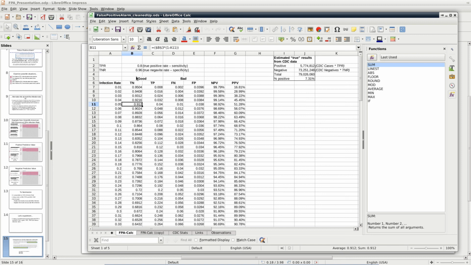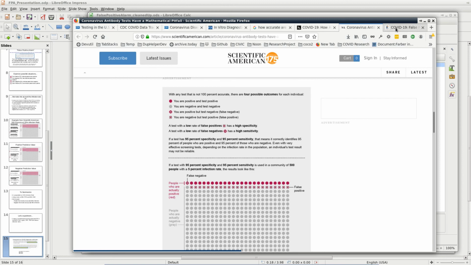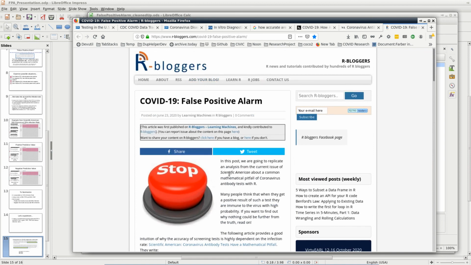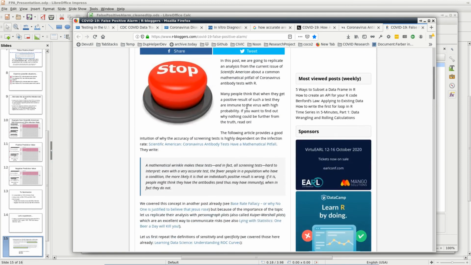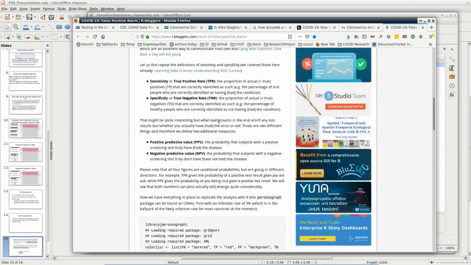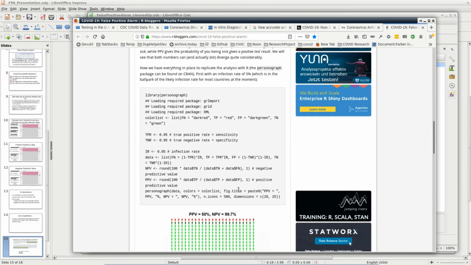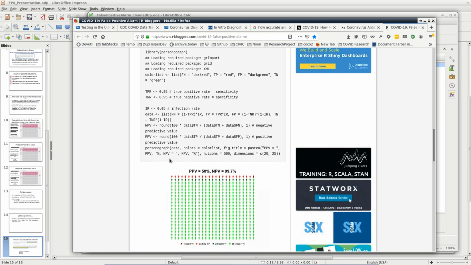I won't go into super detail about this. I'm going to share this spreadsheet in the description so you can poke around and see specifically how it works. I just wanted to show you. I also found a blog article of someone who wrote a little bit of code that demonstrates this. They give a little explanation from the Scientific American article, and then a bit of code that does the calculation.